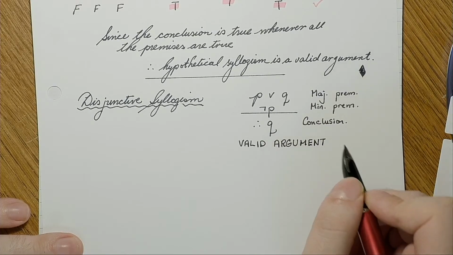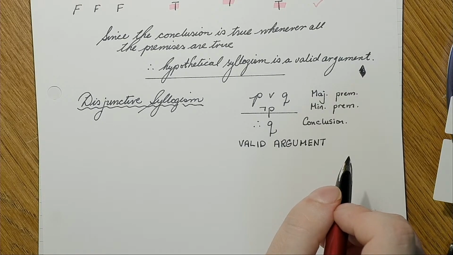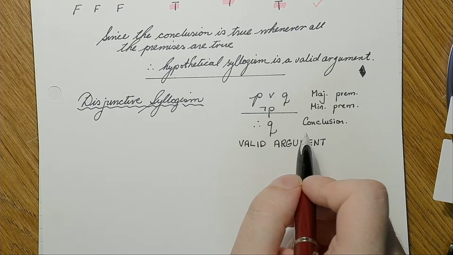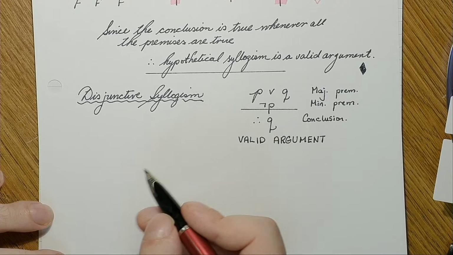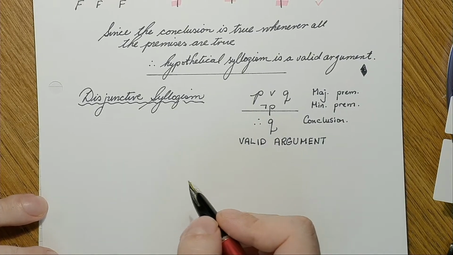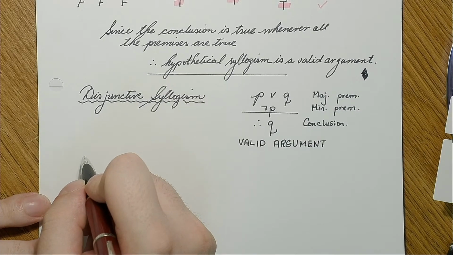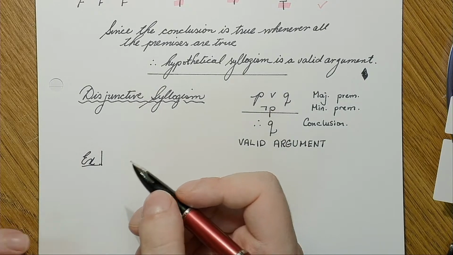Right? Because a valid argument has only true conclusions whenever the premises are true. All the premises. You can almost think of this one as kind of like an elimination one.